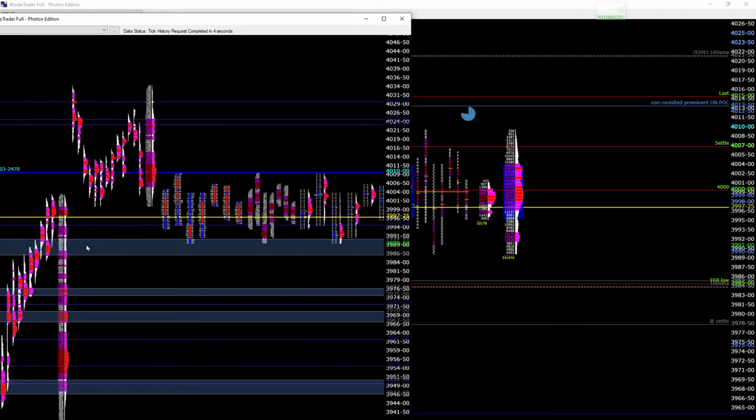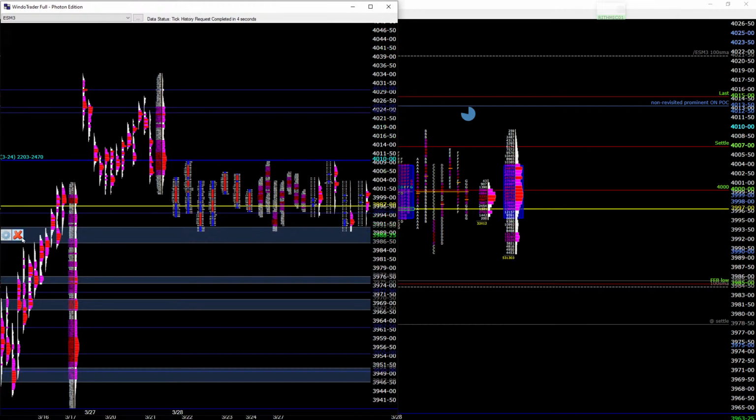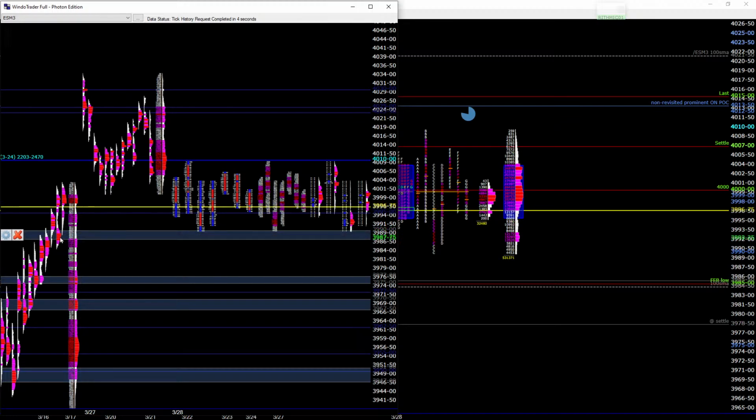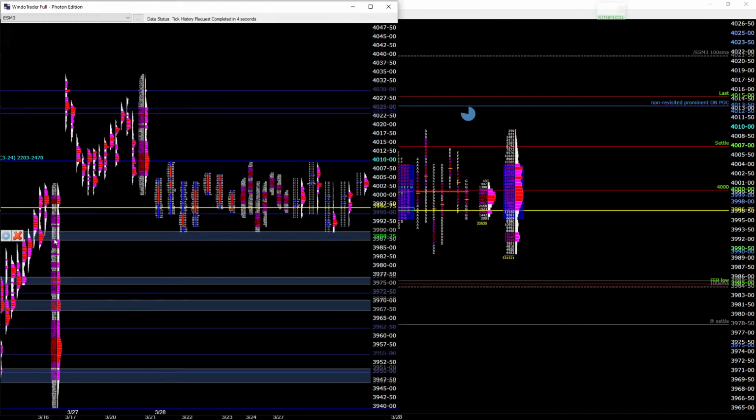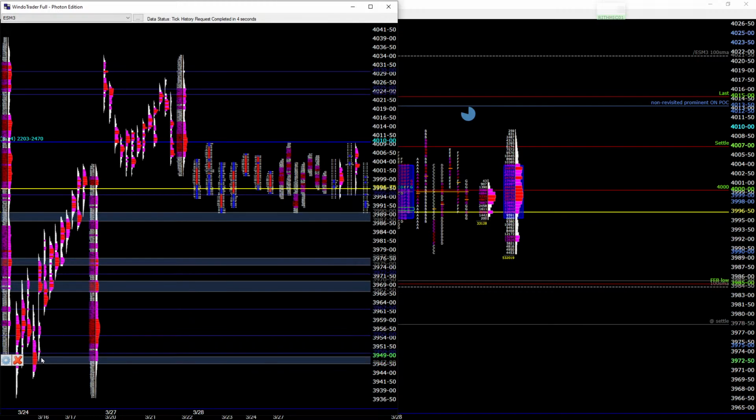To see where this market could go, I aim specifically at this high volume here. The market did not even get to the center of this one. The next thing could be this, and finally somewhere down here.